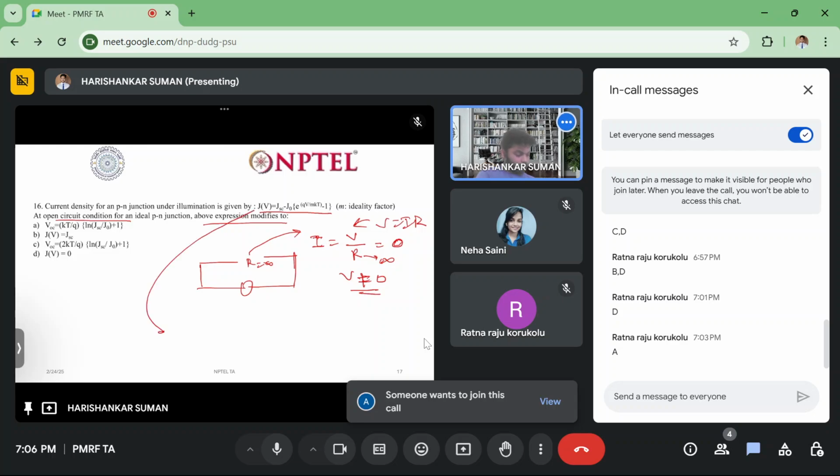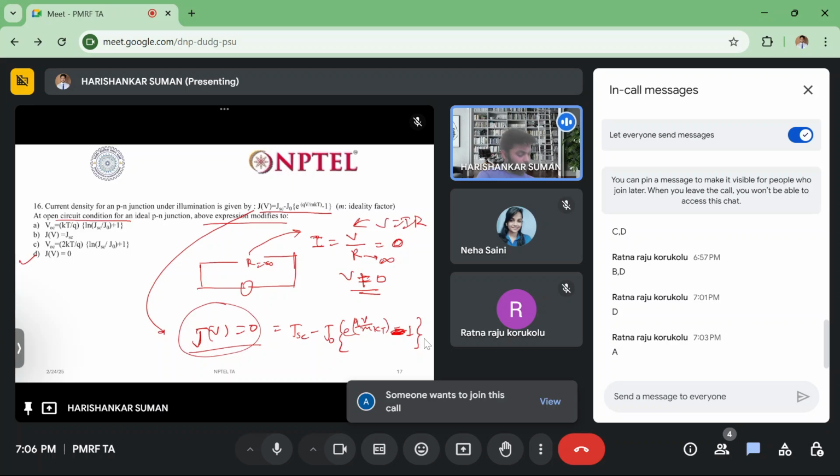So J will be 0. Now please solve this equation. So J is also right.